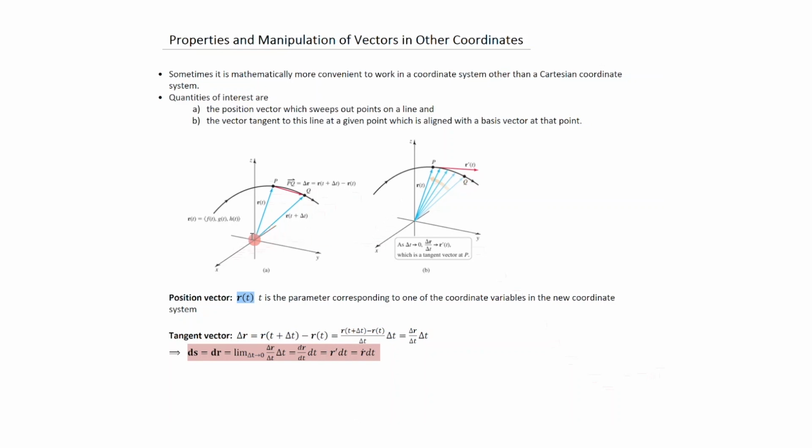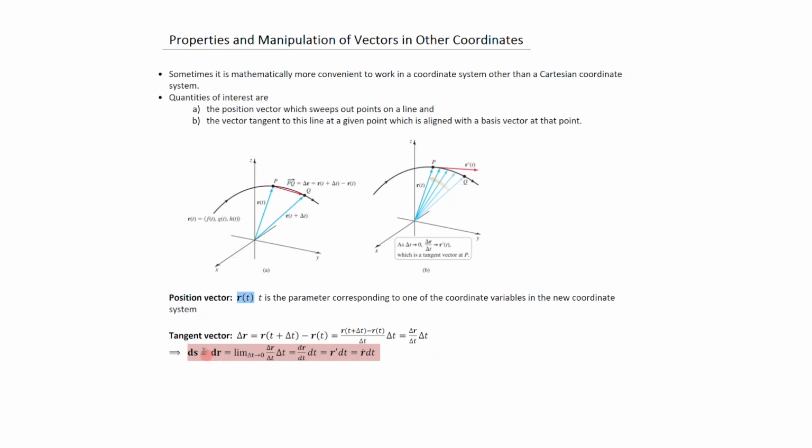All right, so what we're interested in is the tangent, basically, to this line, which is being swept out by this position vector. And the direction in which we sweep along the line, we can look at as having a tangent vector at each point along this line. So our interest is to determine what the tangent vector is, because it will allow us to establish basis vectors when we deal with other coordinates.